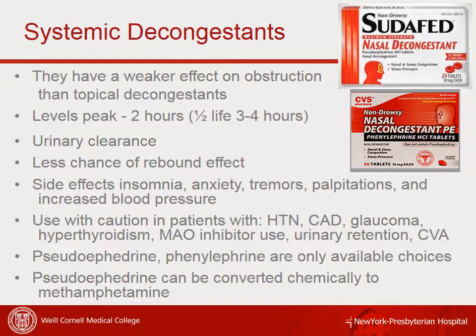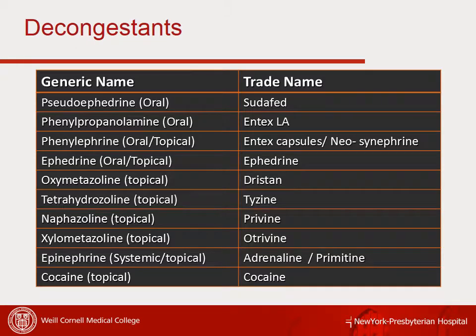And pseudoephedrine can be converted into methamphetamine, so that's why these medications are over the counter, but they're behind the counter, so you have to give your ID and register before buying them. And these are some common generic and trade names for the decongestants that are available.